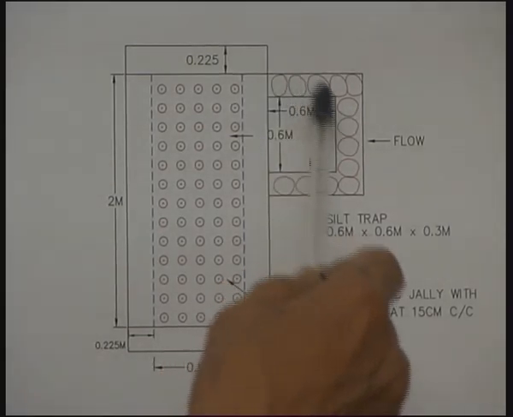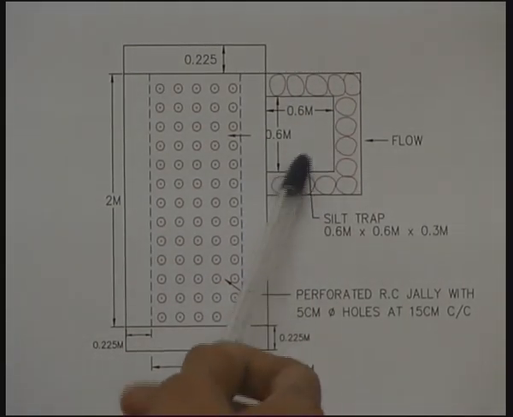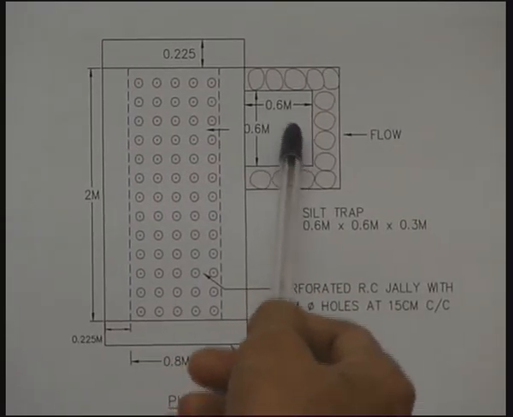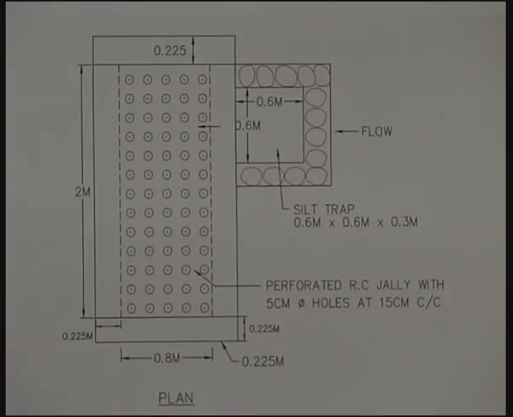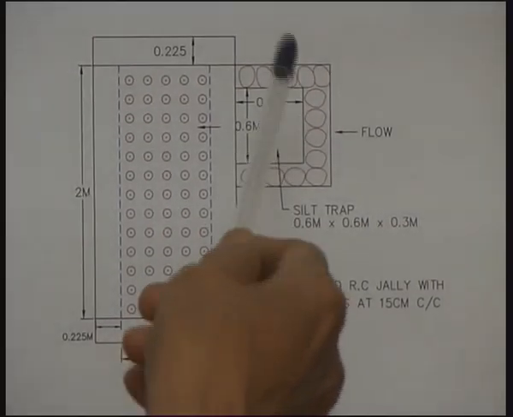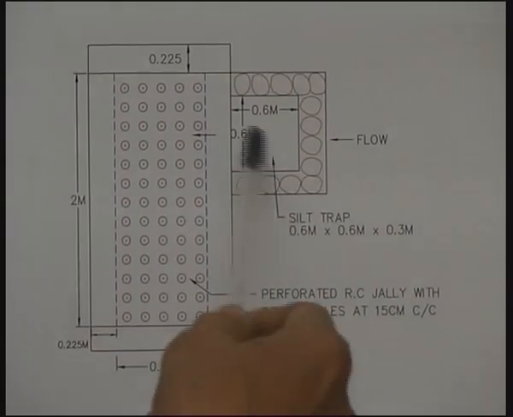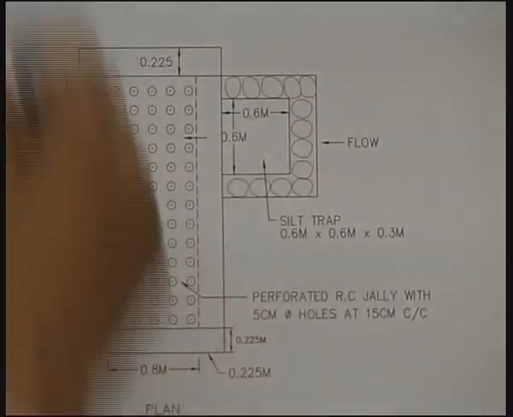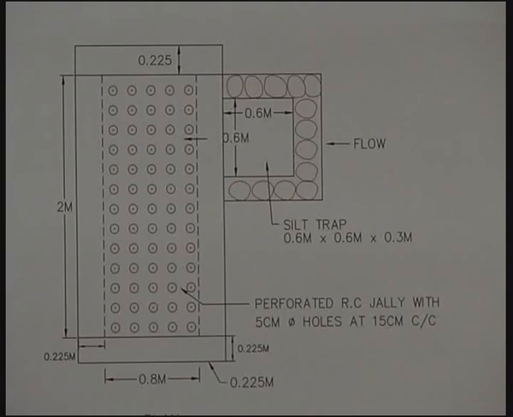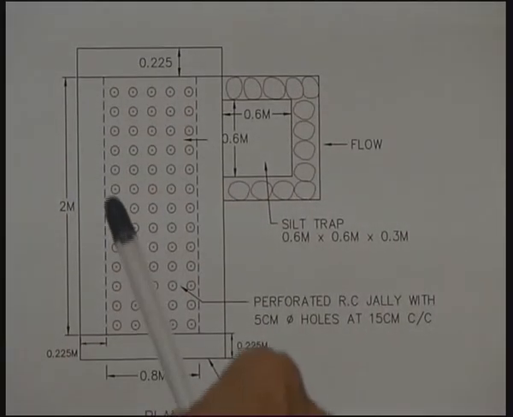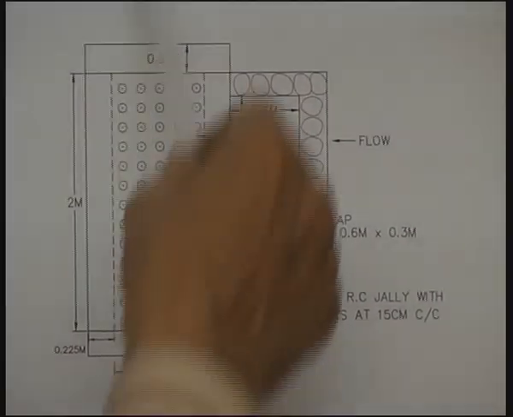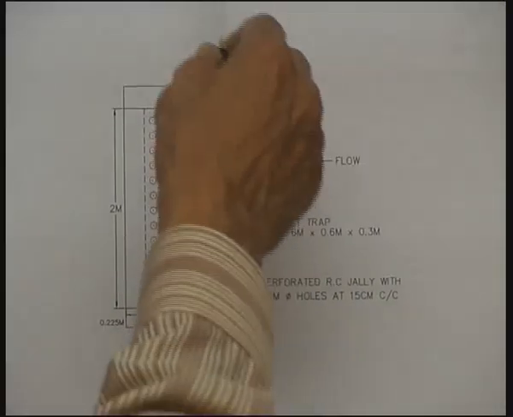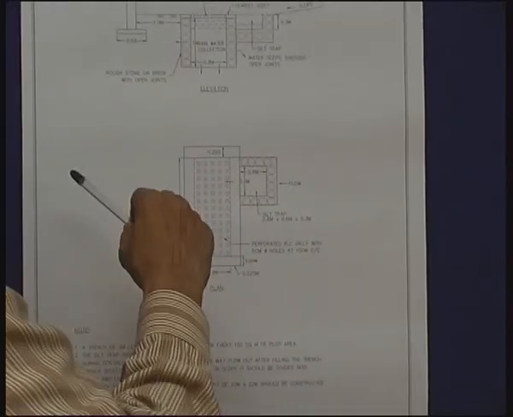The silt trap may have some silt now and then. Once in a few months it may have to be removed if it is silted up, and that silt can be used for gardening, and that's a good thing, because otherwise the silt will enter into this pit and get collected here. During continuous very heavy rains there may be overflow, but that would be only a rare occasion when this gets filled up and then it overflows.